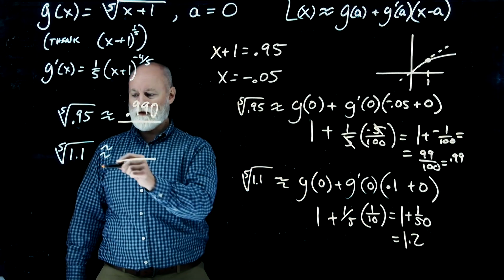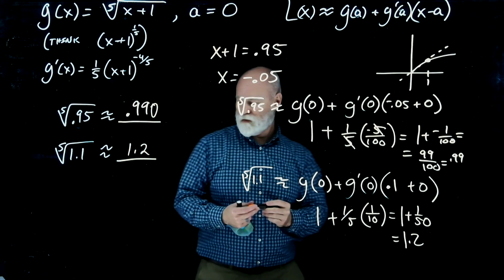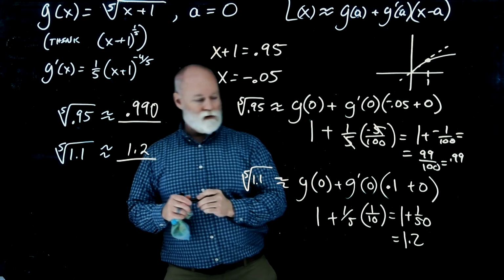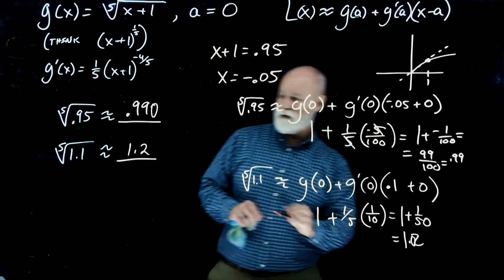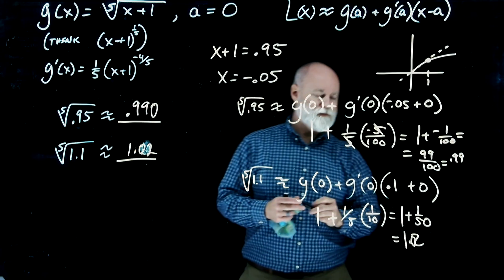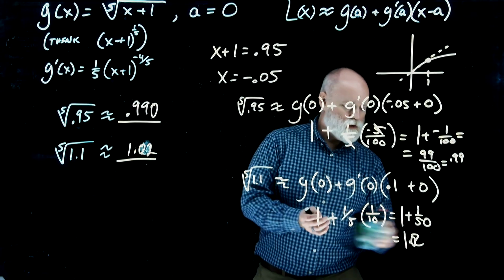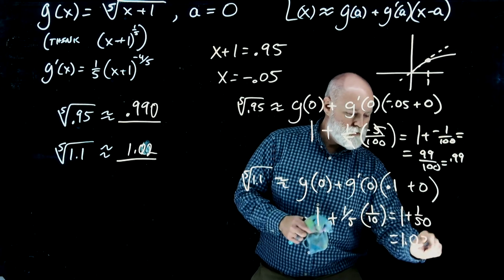So an approximation of the 5th root of 1.1 is 1.02, okay? Not 0.2, 0.02. I was off by a decimal place there. There we go. Okay?